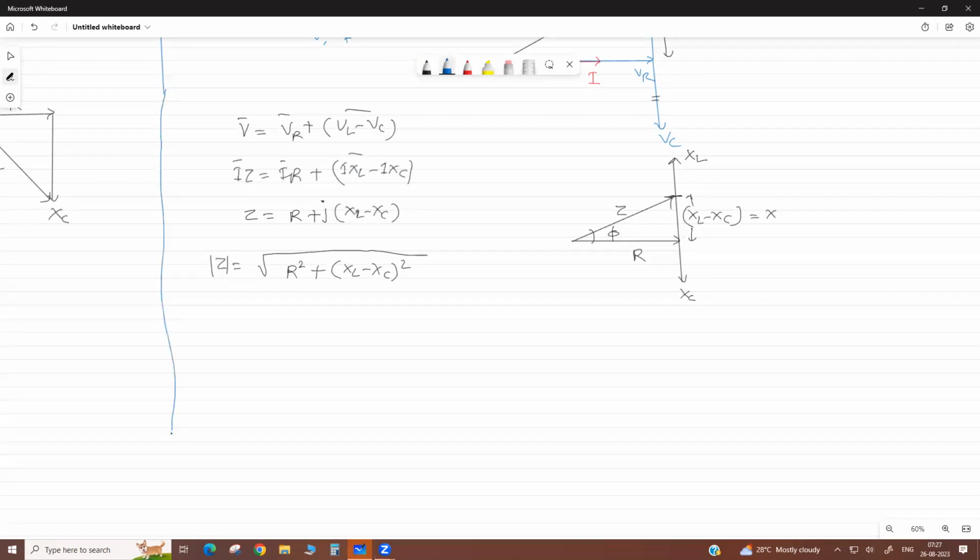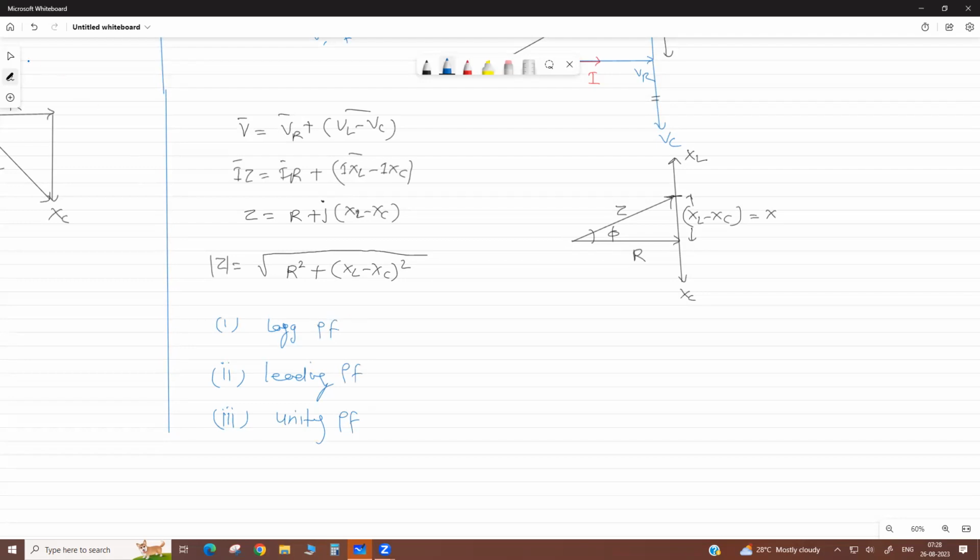But this RLC series circuit may be operated lagging, second leading, or it may also operate at unity power factor.